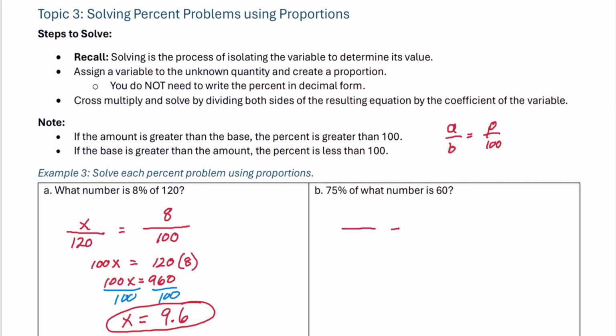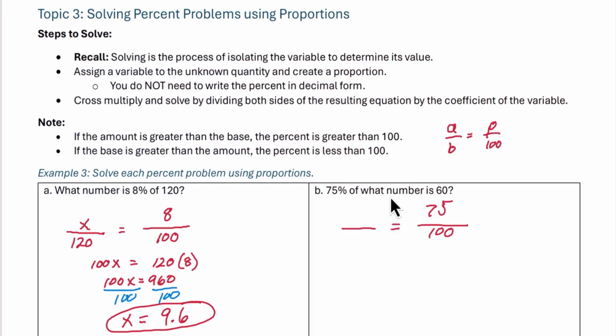In part B, 75% of what number is 60? We'll set up the proportion. 75 over 100 for the percent side. And then on the left, we want amount over base. We don't know the what number part, the whole quantity.